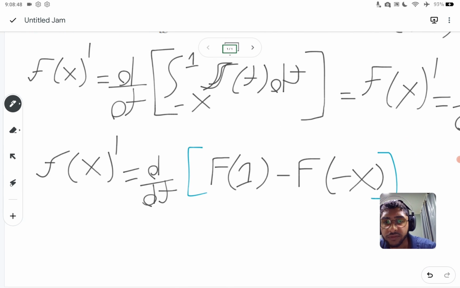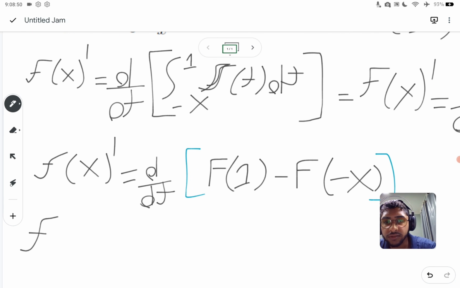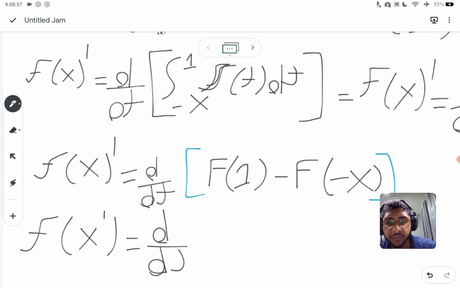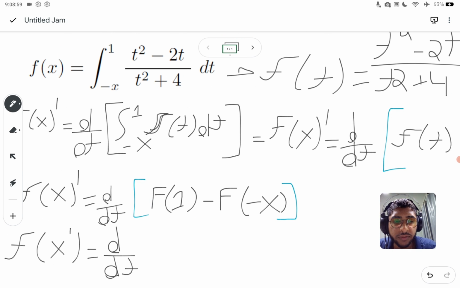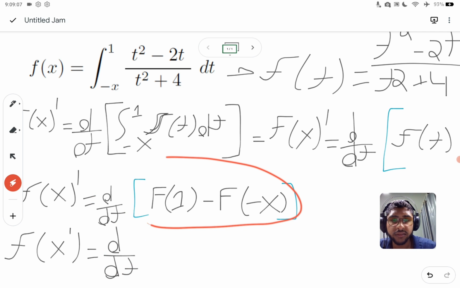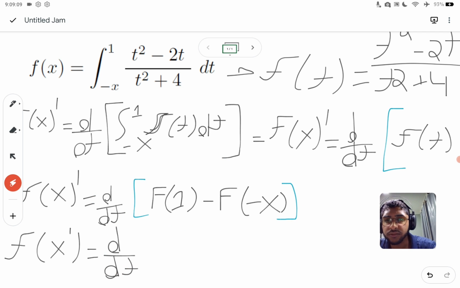Continuing with the function, we can also call this the derivative of x, d over dt. But this is the derivative, the d over dt of all this function. We can do this straight, we don't need to put this d over dt.